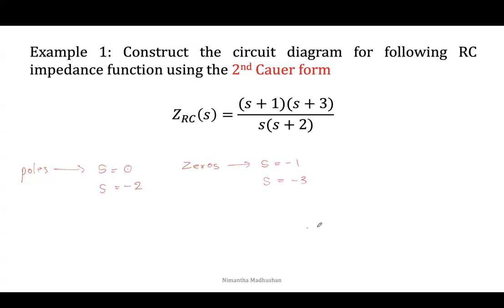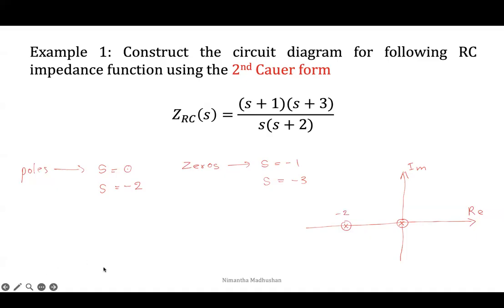Now, I draw the complex s plane. This is the real axis. This one is the imaginary axis. There are two poles: s equals 0 and s equals minus 2.